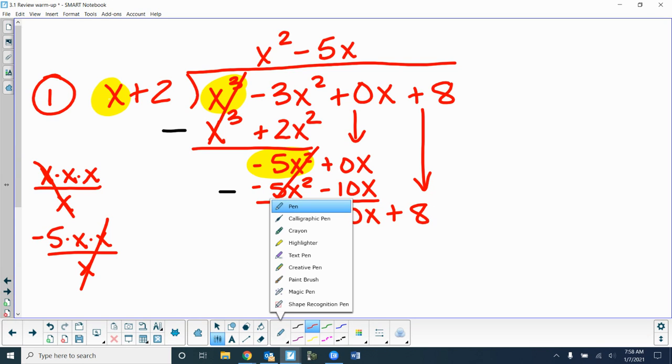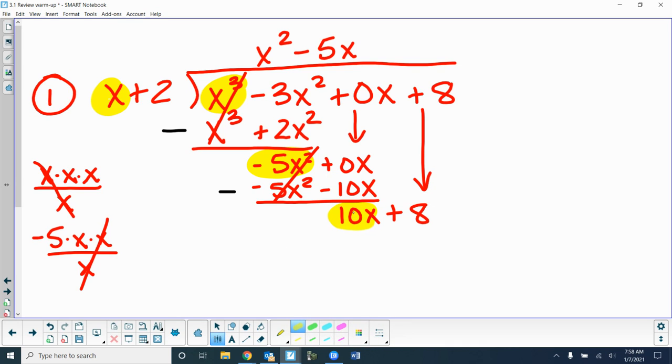Okay? So again, it's just the 10x divided by the x. Okay? So, 10x divided by x is a 10, right? So 10 goes up top. And then I multiply again. 10 times x and 10 times 2.